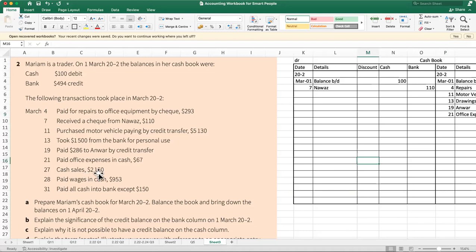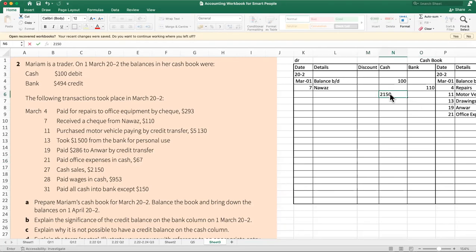Next one, cash sales, 2,150. You read here, it said cash sales. It means that you sold it and you received cash. There is another question that will tell you immediately banked in, then you do not need to debit your cash because if you do that, you have to debit your cash and credit your cash again and debit your bank again. So that is a redundant entry. So what we need to do is immediately just put cash here, 2,150.